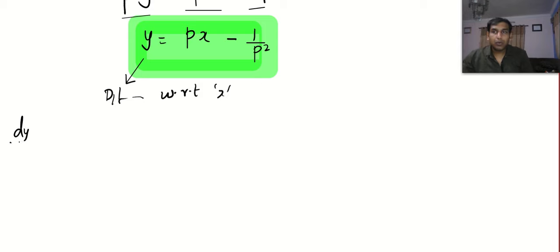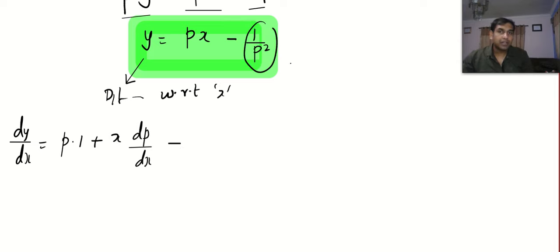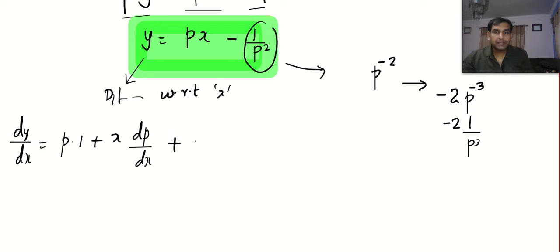So we get dy by dx is equal to, we have to apply product rule here, p into 1 plus x into dp by dx minus, okay, now we have to differentiate 1 by p squared. 1 by p squared is actually p to the power minus 2. So when you differentiate, you end up with minus 2 p to the power minus 2 minus 1, and that will be minus 2 into 1 by p cube. So eventually you will get plus 2 by p cube.